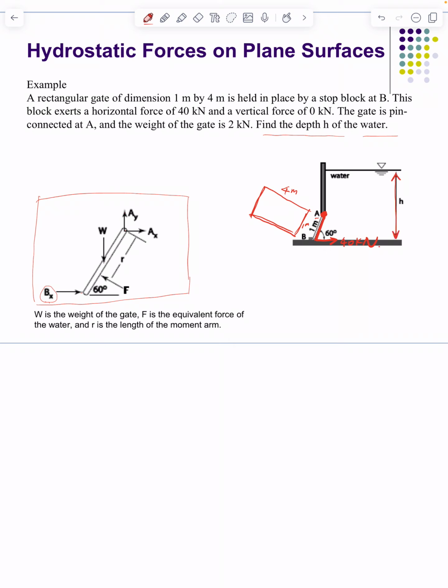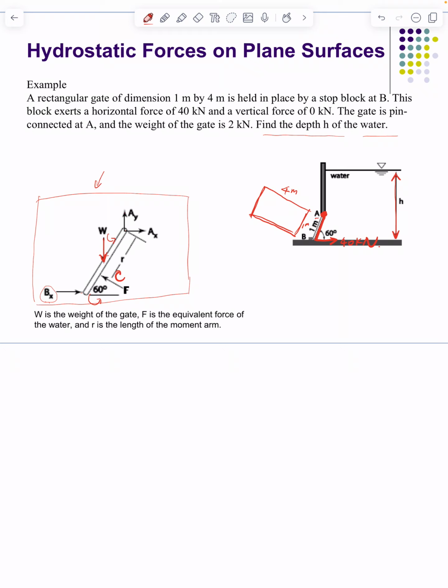Why does H matter? We can try to do the force analysis on the left hand side here. Theoretically, the weight is in this direction, right? And the weight is trying to rotate this gate counterclockwise, the same as the stopper B. They all try to rotate the gate counterclockwise, but your hydrostatic force F is trying to rotate your gate clockwise.